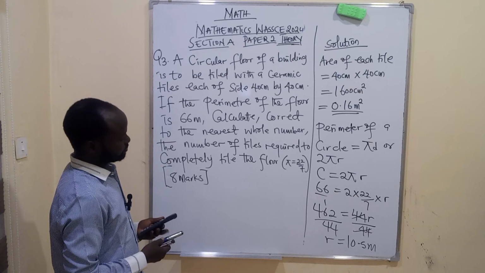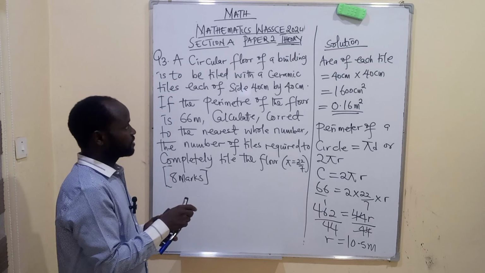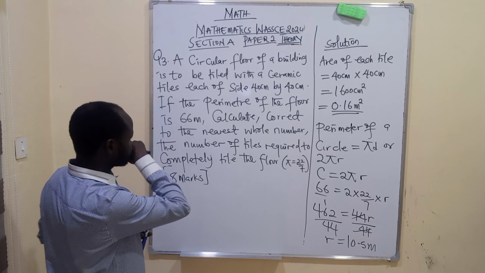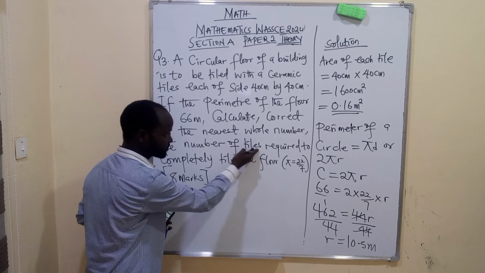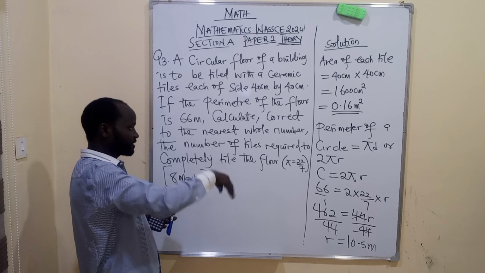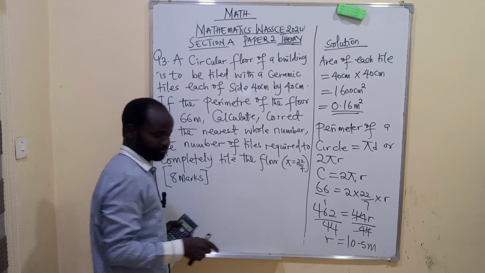Since we know the radius of the circle, we can find the area of the circle, because the question says we are asked to calculate, correct to the nearest whole number, the number of tiles required to completely tile the floor, and that floor is in a circular shape.